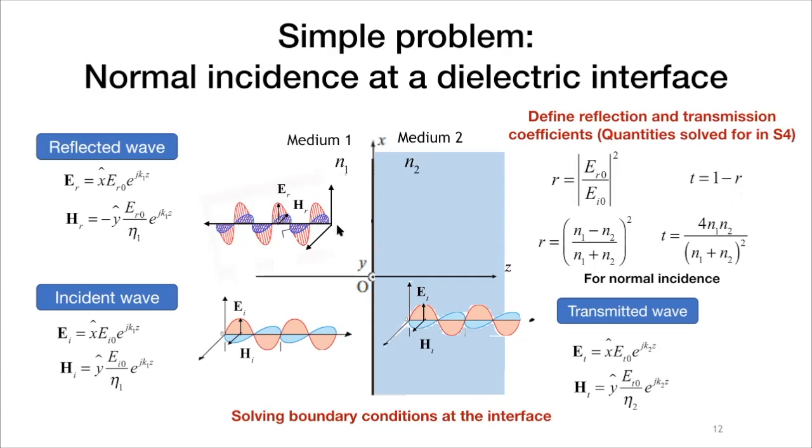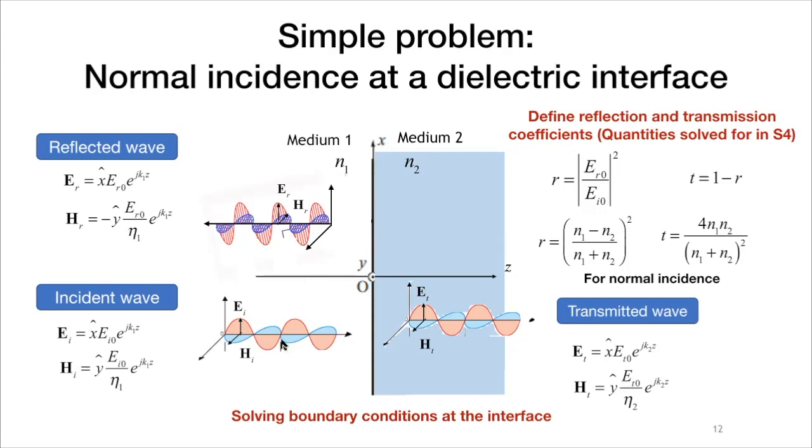For normal incidence, which means that the incident wave is incident at an angle equal to 0. You will learn more about the definition of the incident angle in the tutorial, which is the angle between the propagation direction and a line perpendicular to the surface or the interface.